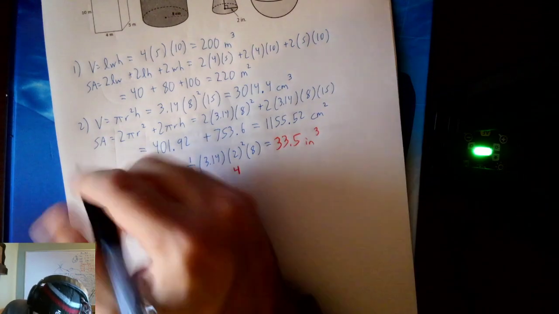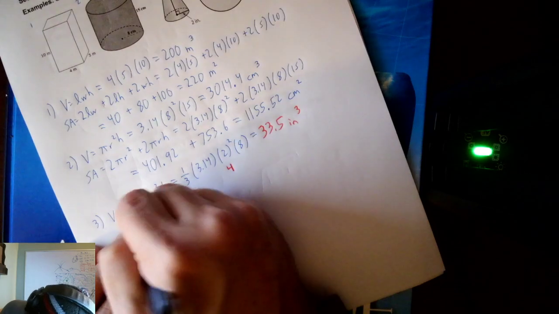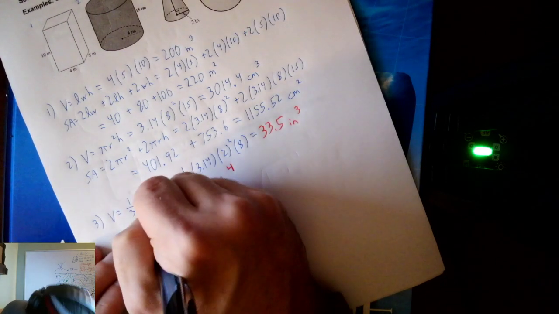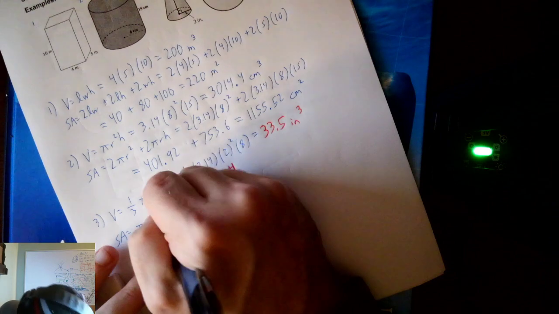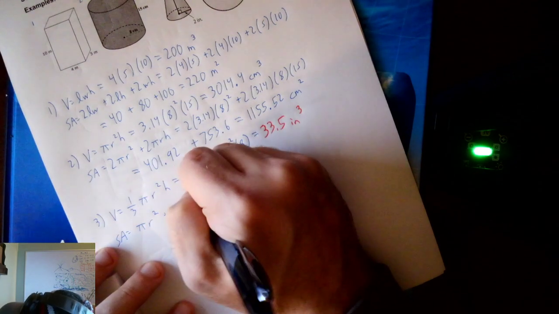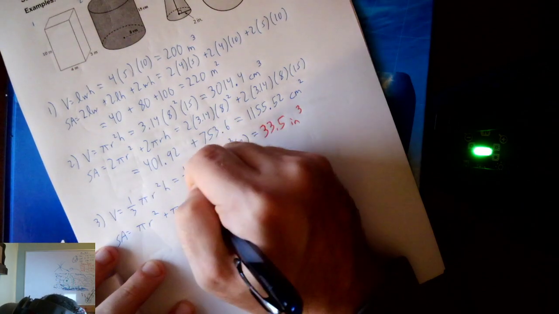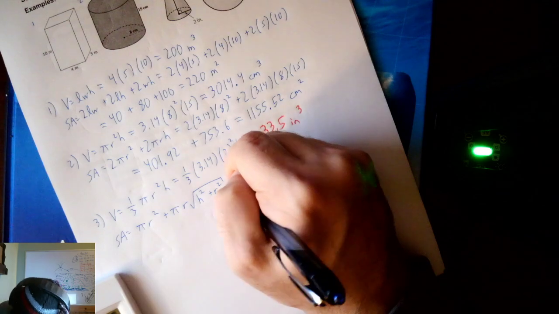Now, for surface area, the formula is pi r squared plus pi r times the square root of h squared plus r squared, and my square root symbol.